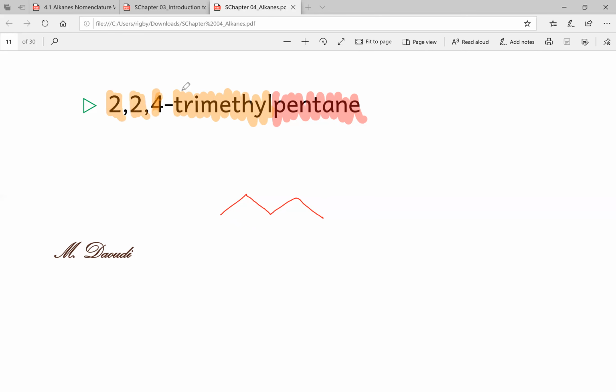And so now I'm going to number these carbons again. 1, 2, 3, 4, 5. What this means is we have 2 methyls on 2, so 1, 2, and then 1 methyl on 4. So here's 2,2,4-trimethylpentane. See, it's a lot easier than it probably seemed in class. Let's just continue on.